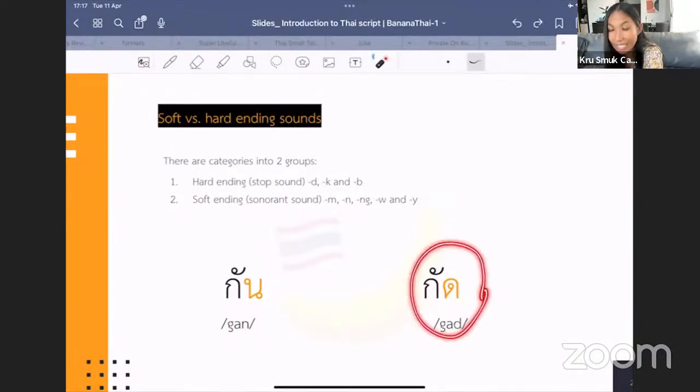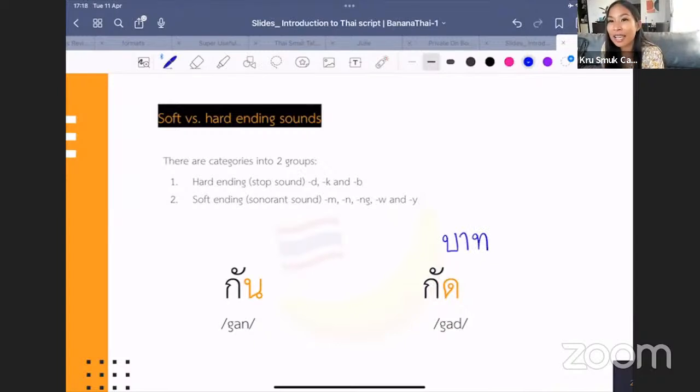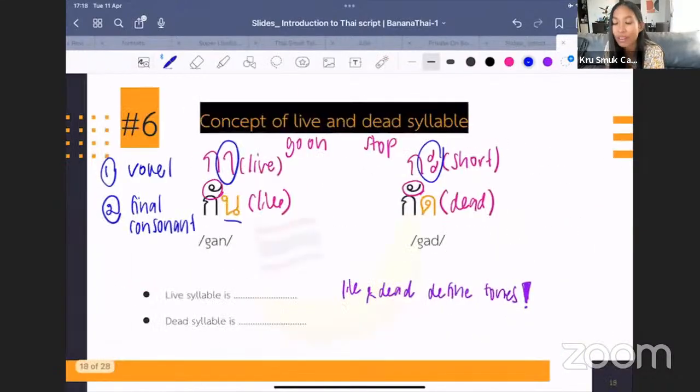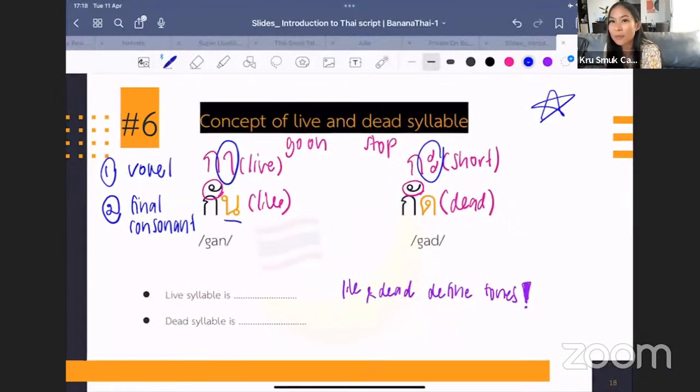But hard ending is, for example, this one, got, or like the word, the Thai currency, baht, the sound just closes. So we call it soft and hard. And the soft and hard later on define whether it's live or dead. But I think this page already explained to you how to define live and dead.